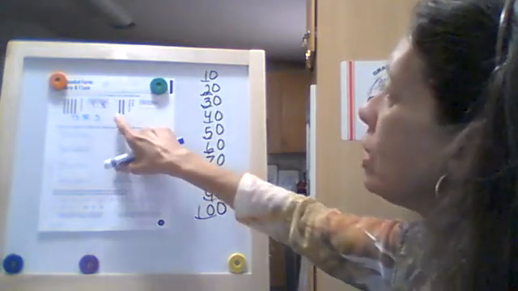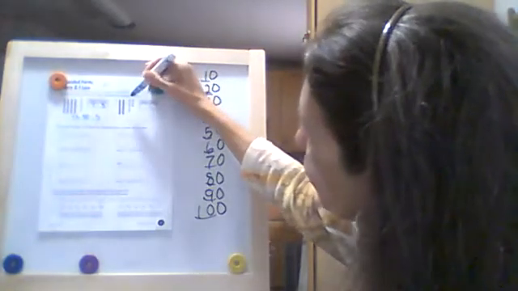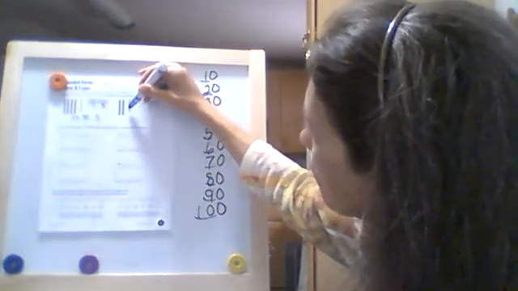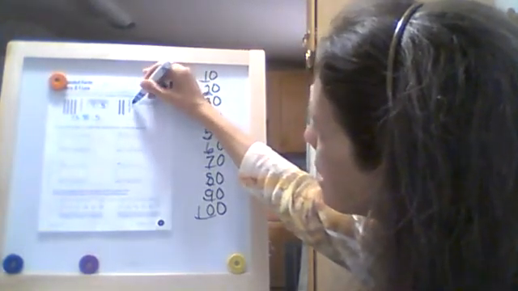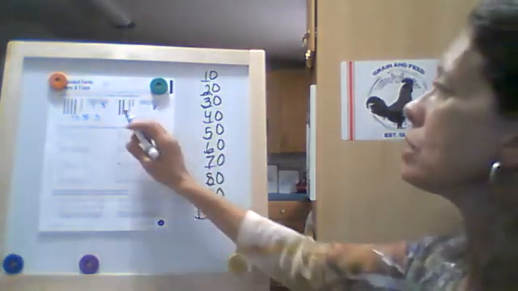So the next one, I'll give you a little clue on it. I'll start you out. We have, let's count our spots first. We've got 1, 2, 3, 4, 5, 6, 7, 8. 8 ones. So we'll put 8 right in here. And then we'll count our sticks. 1, 2.